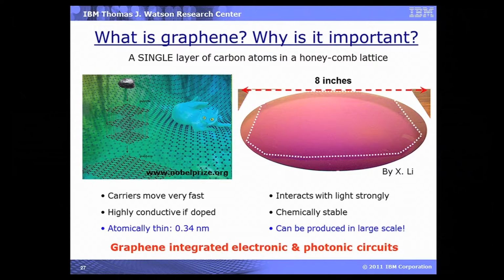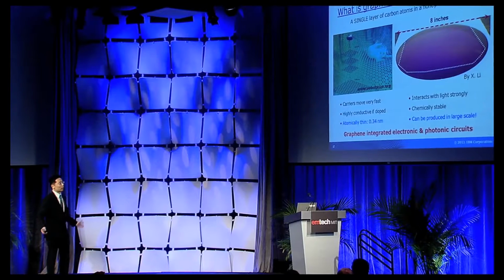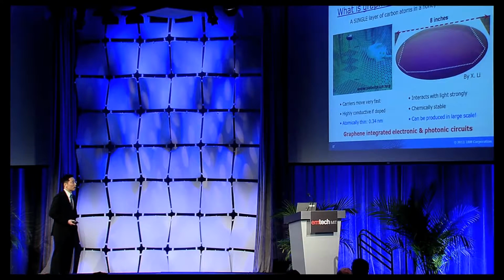The reason we are working with it is that it has lots of very impressive properties. First, the electrons in graphene can move very fast, it is very highly conductive, and it is atomically thin. For photonics, graphene also interacts with photons very strongly in a very wide wavelength range, and it is chemically stable.